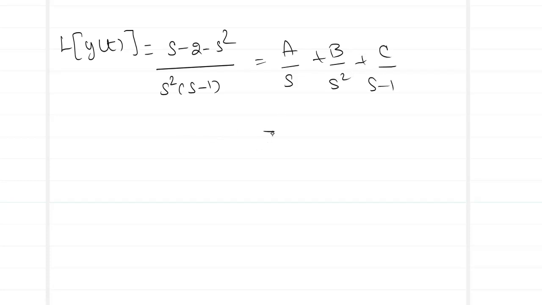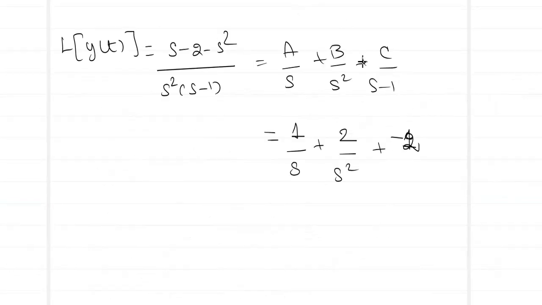So now A's value is 1 by s, B's value is going to be 2 by s square, and C's value is going to be minus 2, over s minus 1. So I have Laplace of y of t as this expression.